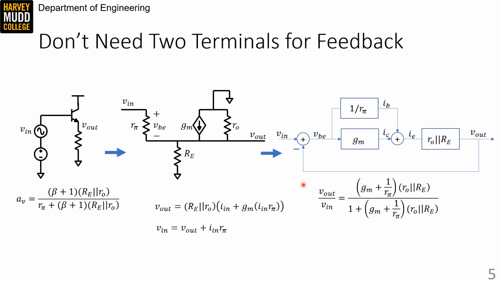We can use Black's formula on this block diagram to find the closed loop gain, and as usual it's the forward path, this GM plus 1 over R pi times RO parallel RE, divided by 1 plus the loop gain, which is the same as the forward path in this case because we have unity feedback. You can see this expression is identical to the AV we calculated over here, because if we multiplied both top and bottom by R pi, this would turn into a beta, this would turn into a 1, and this would turn into an R pi, giving us the same expression.